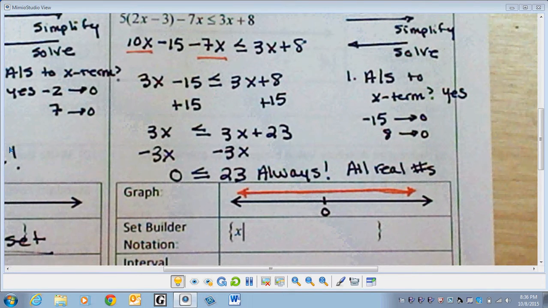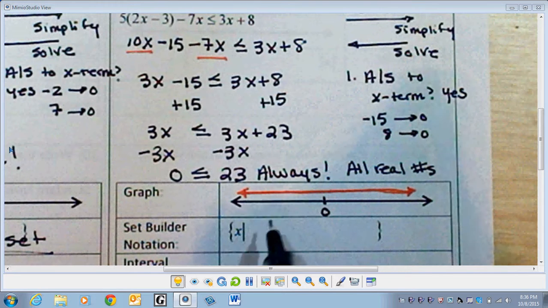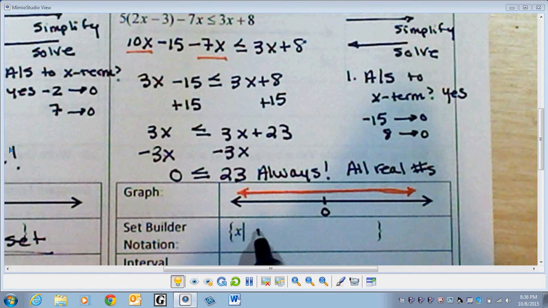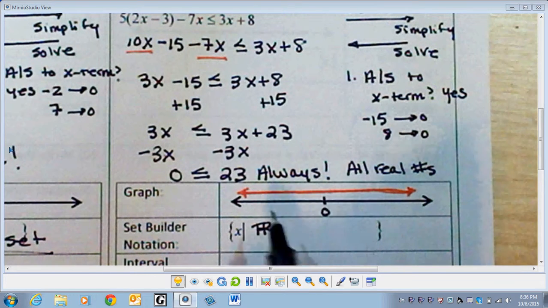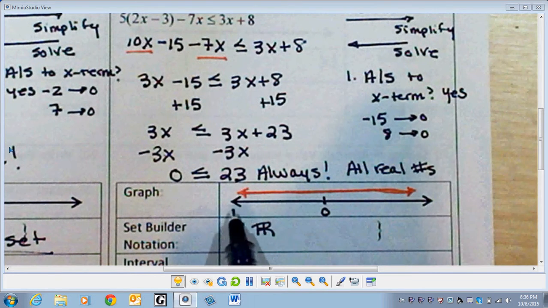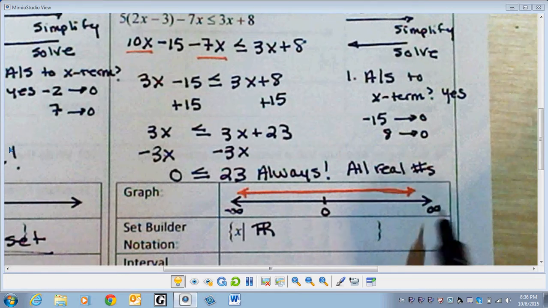So how do I do this in set builder notation? It's a set in which we have all real numbers. The set of x such that x is all real numbers. So we're just going to put that fancy R there. Interval notation. We're going to look at our number line. Well, the smallest number I can possibly have is negative infinity. And the largest number I can possibly have is infinity.